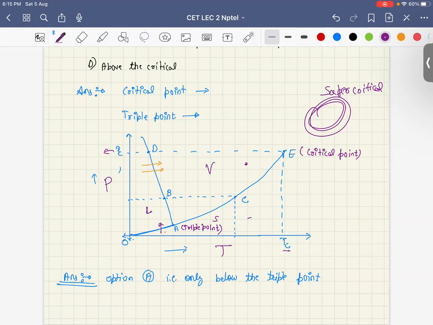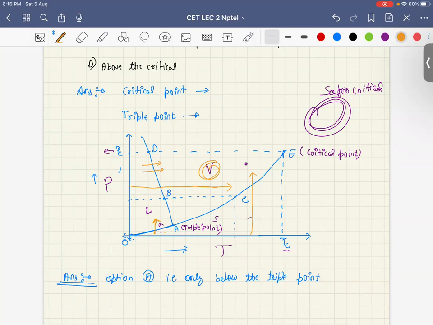When you increase pressure at a given temperature, it is likely to change into the liquid phase.